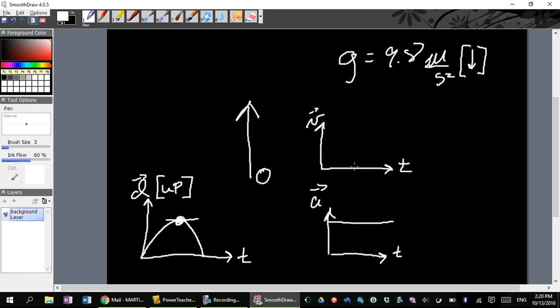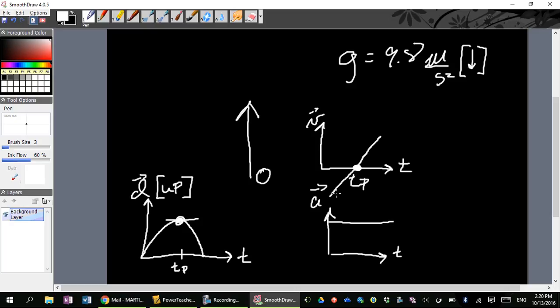So this means it will cross the x-axis of the velocity graph at a time, call it TP, for T peak. So it's a positive slope, right? So the graph will look like this for velocity.